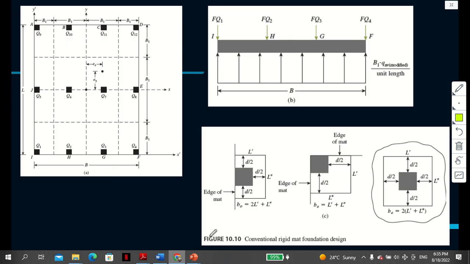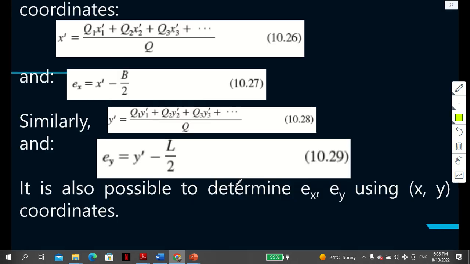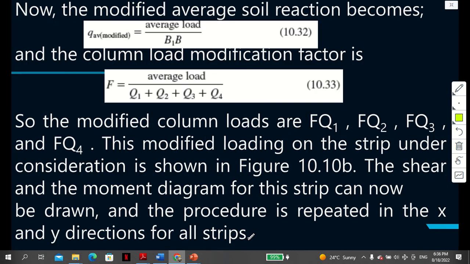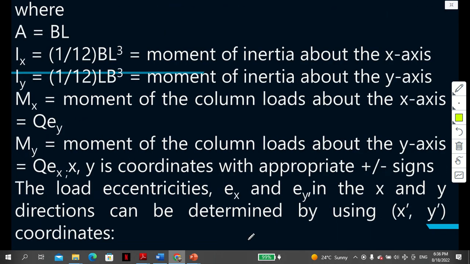So that is the typical mat footing, and you assume we're talking about kind of a beam, and then you consider the bending in different directions, whether X or Y. Sometimes it's difficult.